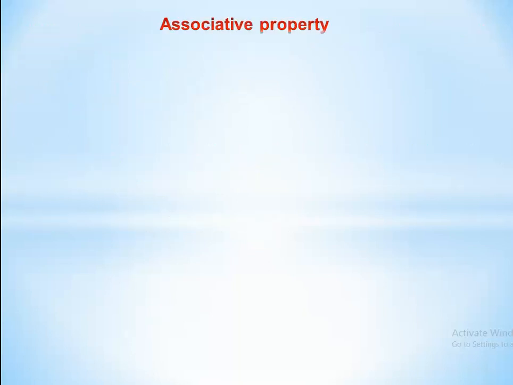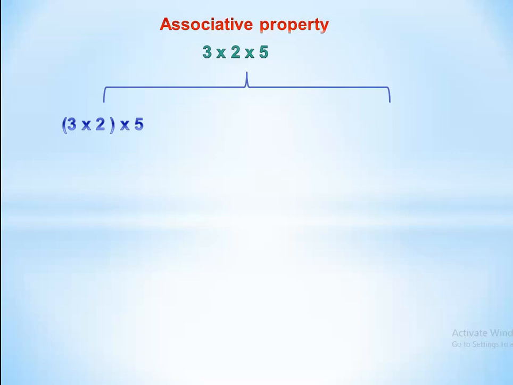Associative property. We talked before about associative property in addition. Let's see the same in multiplication. If we have 3 times 2 times 5, we have two methods in associative property to solve this problem. Let's see the first one. We can group 3 times 2 and find the answer. 3 times 2 equals 6, then multiply by 5, it will be 30.